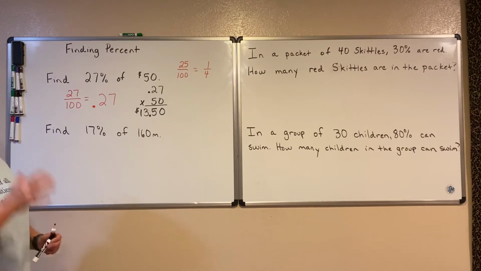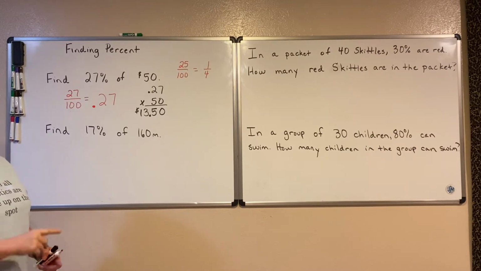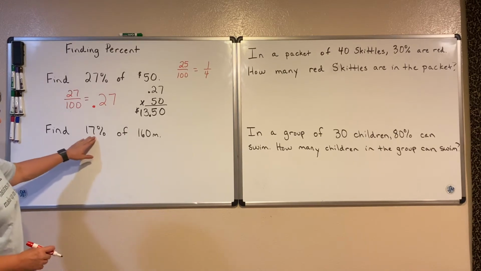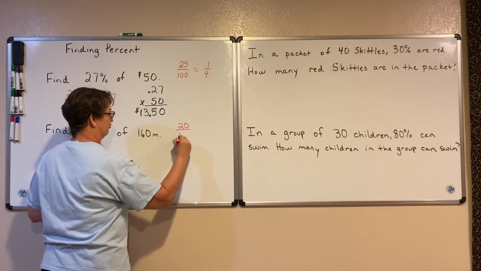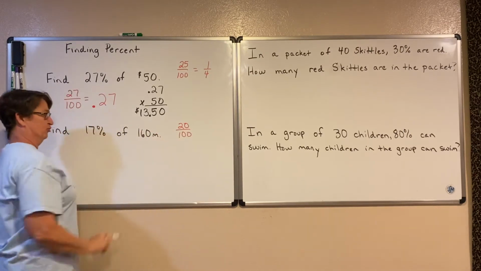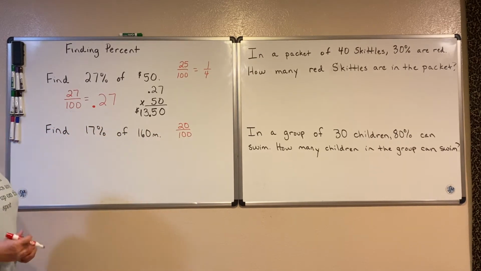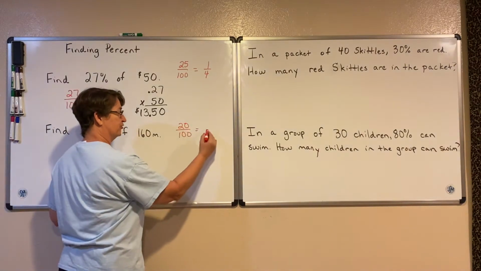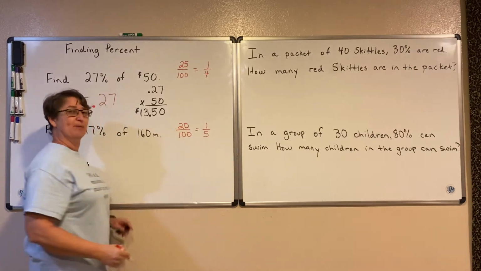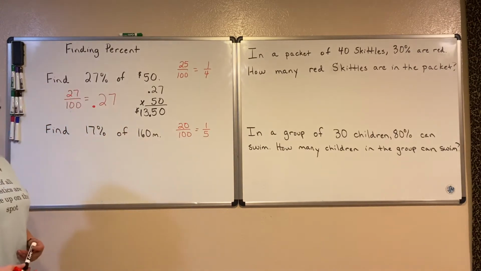Again, I'm going to first approximate in my head so that when I get my answer, I can ask myself, is that reasonable? So 17% is really close to 20 out of 100. You know, that's really close to 20%. So I'm going to think to myself about 20%. And how many 20s are there in 100? Well, there's 5 of them. Think about money. There are 5 $20 bills in 100.